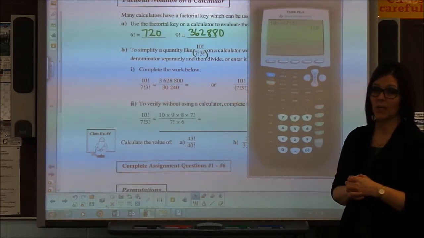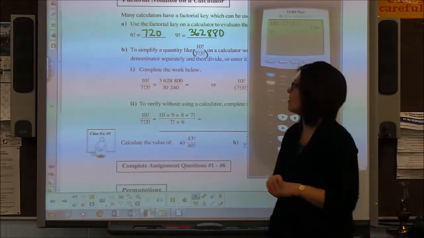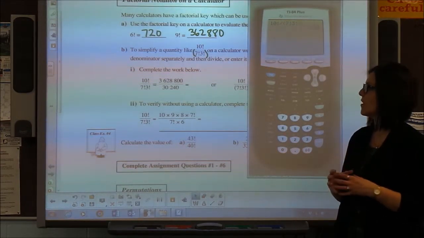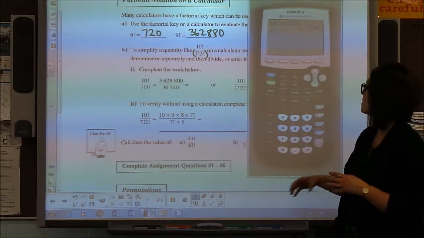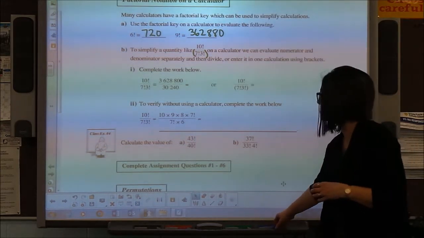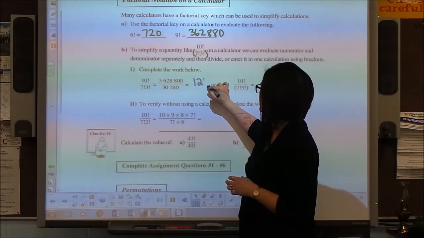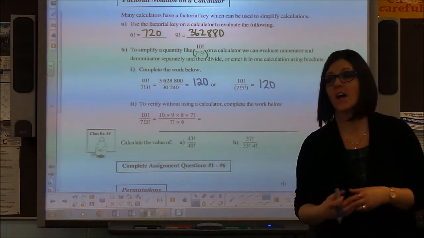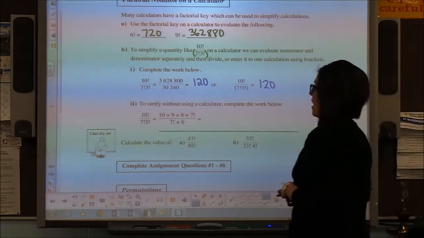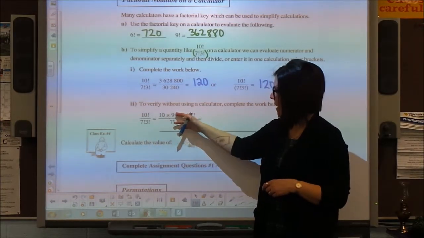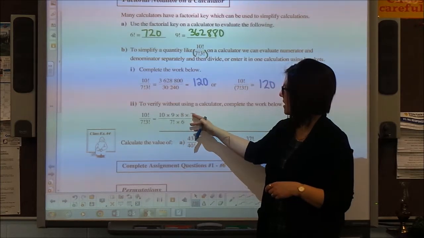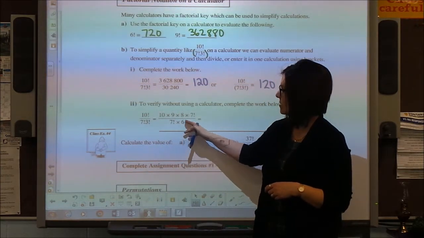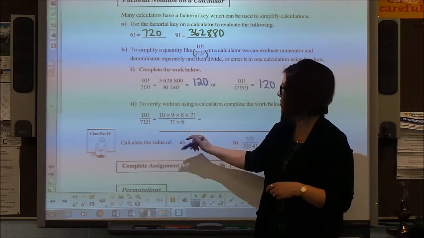And I get 120, which is the same thing as taking 3,628,800 divided by 30,240. It's the same thing. If I verified it without using a calculator, I get 10 factorial, 10 times 9 times 8 times 7 factorial, and then the 7 factorial times 6, because that's what 3 times 2 is.